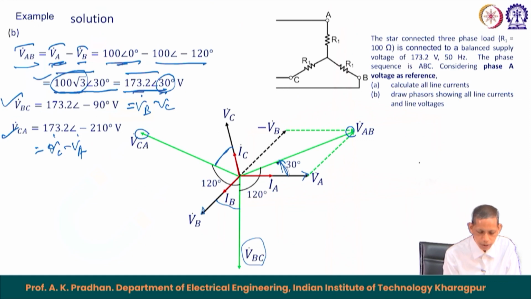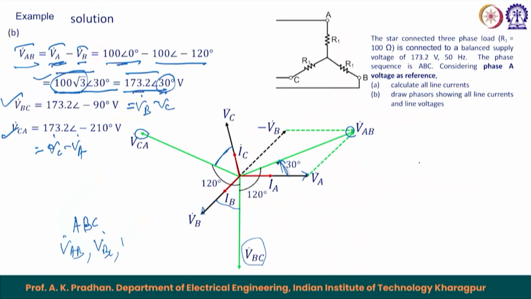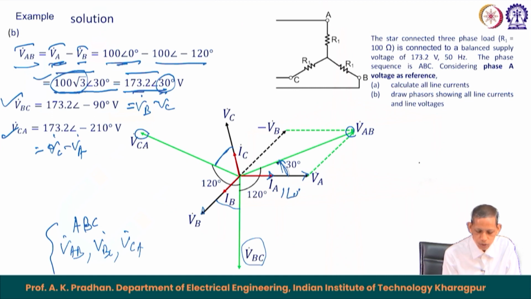But as I already said, because the sequence is ABC, V_AB, V_BC and V_CA go with 120 degree separations to each other. You can straightforwardly conclude that, because this is a balanced supply voltage system. On the current side, because it is a resistive circuit, V_A and I_A are in phase, so I_A is 1 with an angle of 0 degrees, and I_B is in phase with V_B and I_C in phase with V_C.